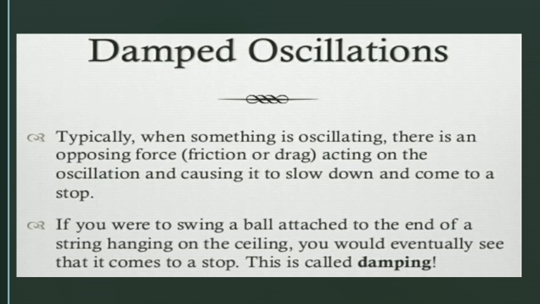This is called damping. This type of oscillation is nothing but damped oscillation. That means the amplitude of the oscillation decreases. When time increases, the oscillation decreases and becomes zero. This type of oscillation is nothing but damped oscillation.